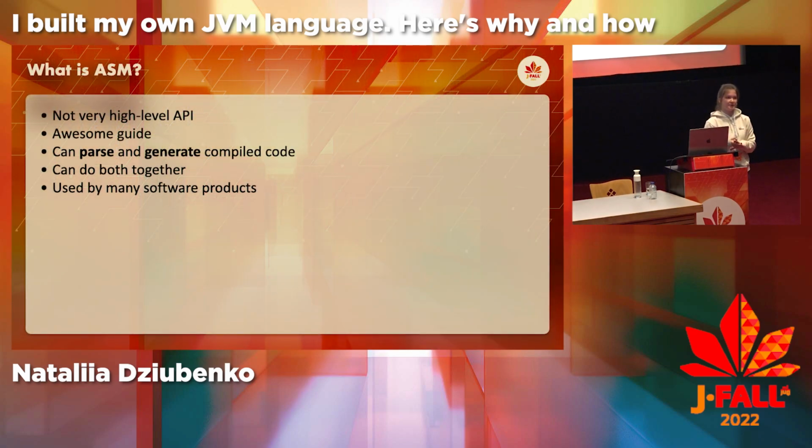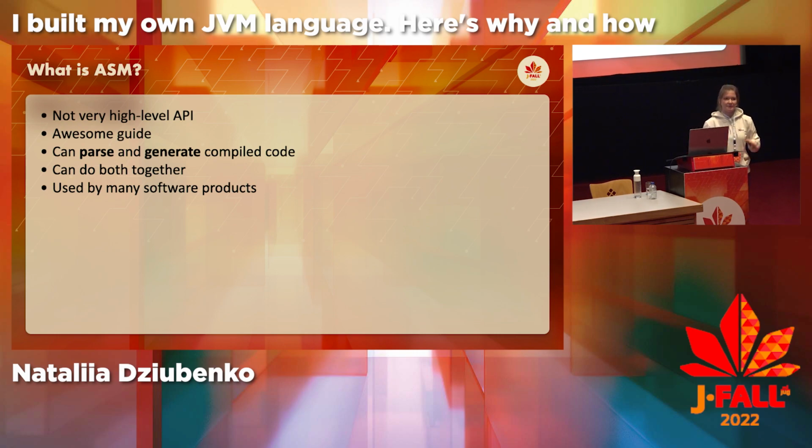I was using ASM to generate the bytecode. It's a very powerful tool. It's not very user-friendly if you don't know how the JVM works internally. It is hard to understand, about the same as just reading the bytecode that we saw in the first screenshot, so you really need to understand how it works. Luckily, they have a really good guide, which takes like 200 pages.